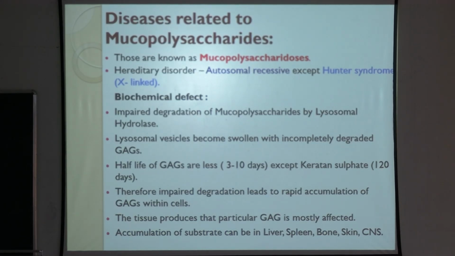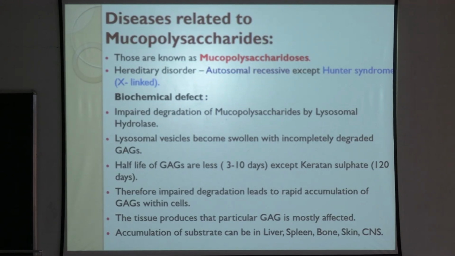What is autosomal recessive? Cell linked, not gender specific, except Hunter syndrome, which is X linked. What is the result of X linked diseases?